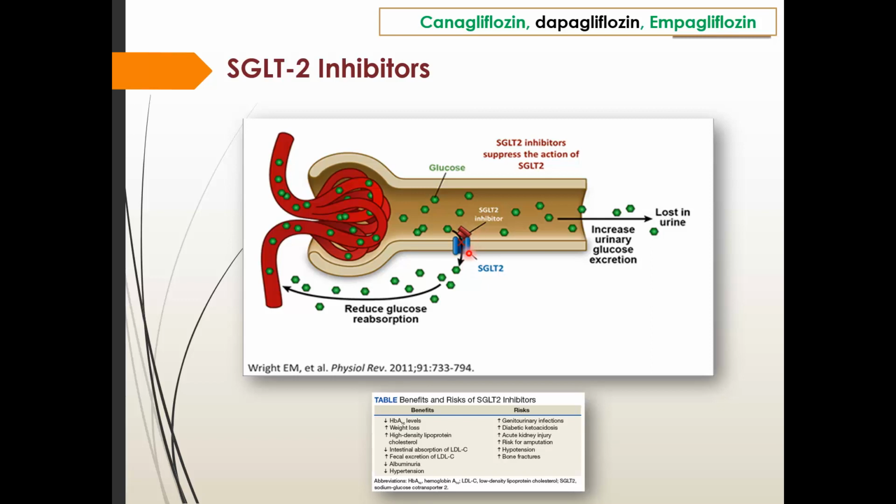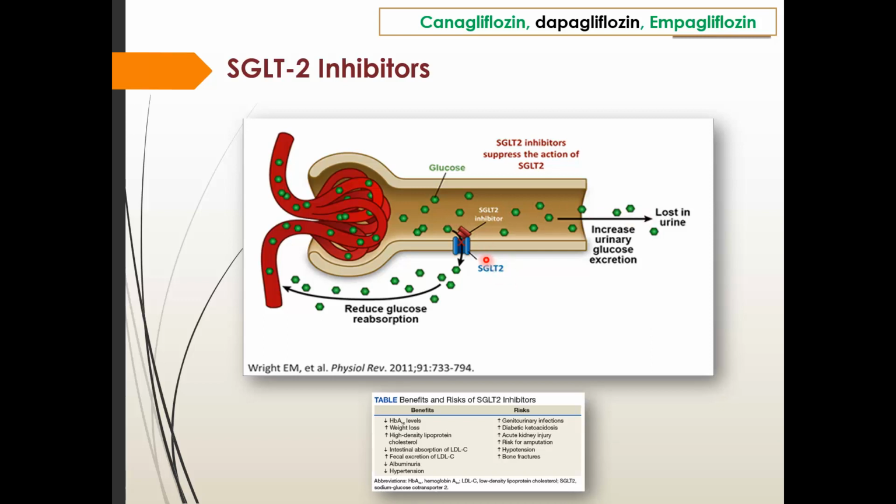But it is the SGLT2 subtype. Its function is to reabsorb this glucose into the bloodstream again. So if we can inhibit this SGLT2, then glucose will be lost and it will increase the urinary glucose concentration. That is the mechanism.